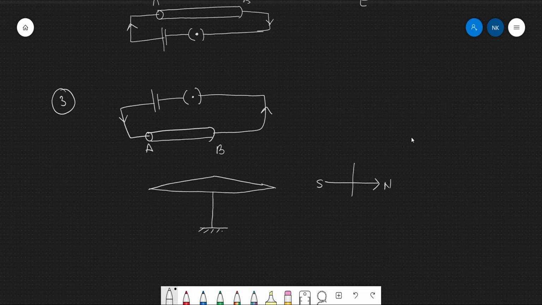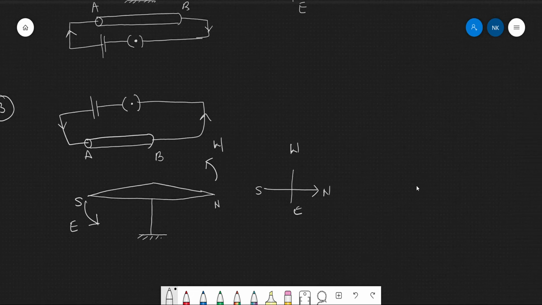Normally this compass needle has to be in this direction, but we already had a discussion in experimental observation number 1. This needs to be bent towards which? Towards west, and here this has to be turned towards the east. It's exactly the same as observation number 1.